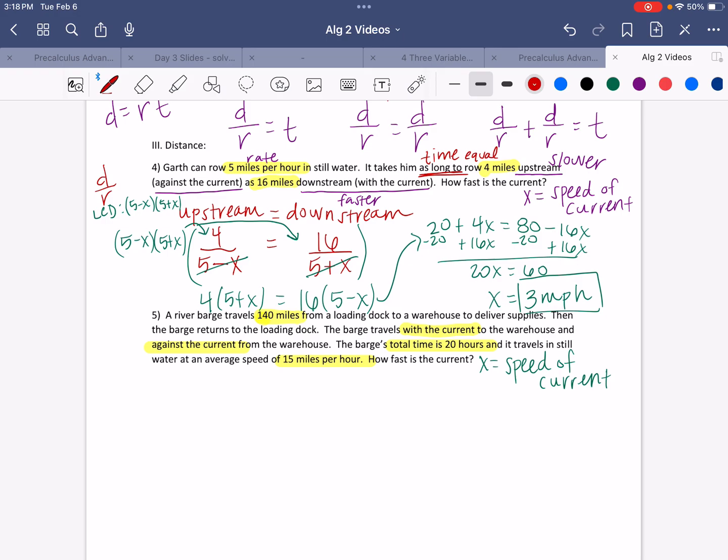So the setup here needs to show our 2 parts of our trip. So with the current, which is going to be faster, and then against the current, which is going to be slower. And when we add those 2 together, it would tell us our total time.